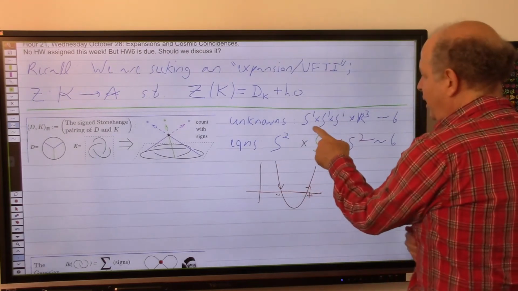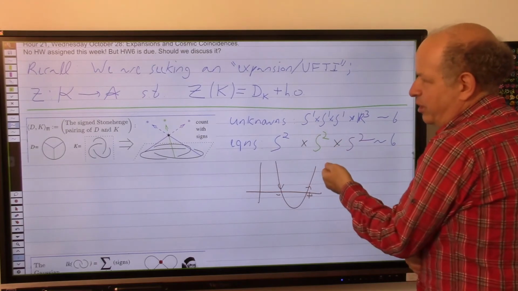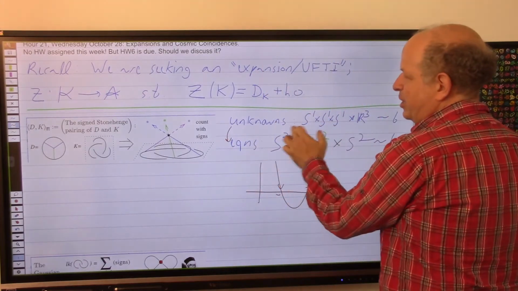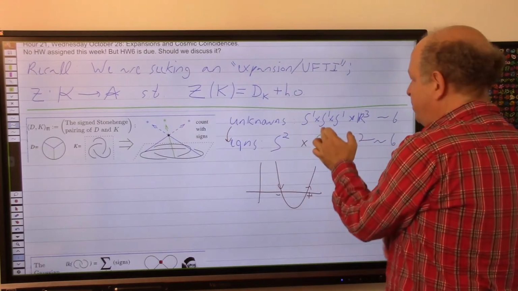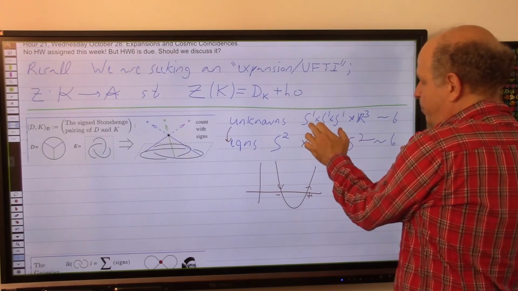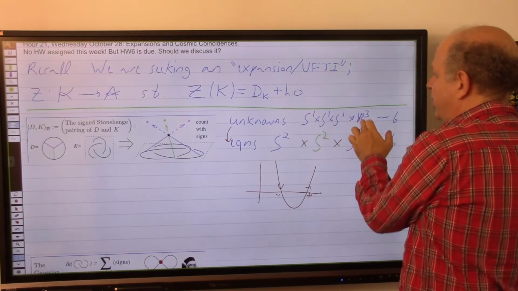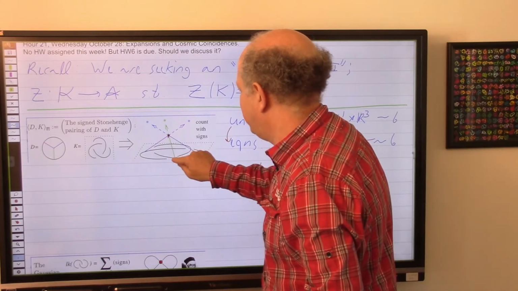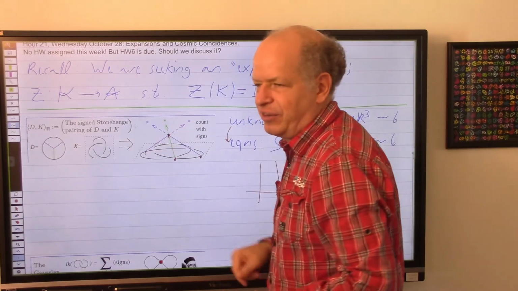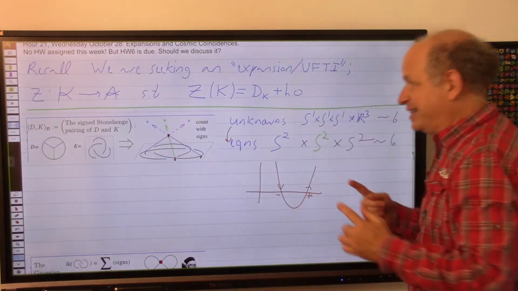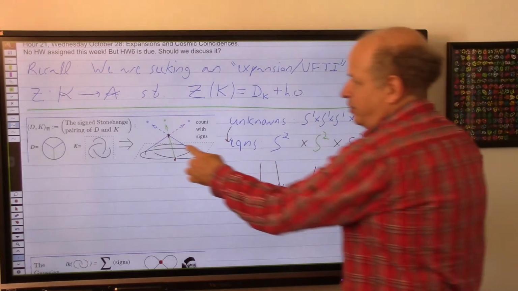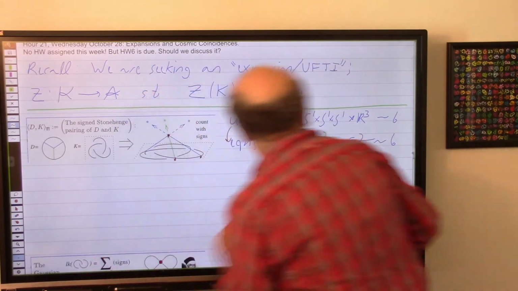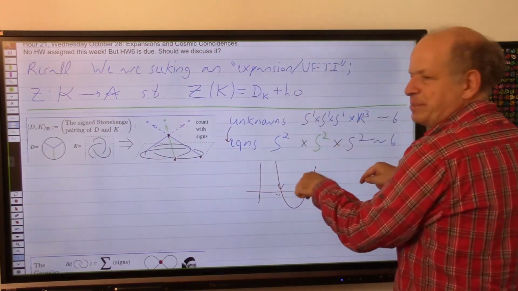Namely, really what we have here is a map going from the space of unknowns to the space of equations. The map is, if you have a point in S1 cross S1 cross S1 cross R3, so if you have a specific point where you've specified all 4 points that I've now indicated, then that specifies the 3 directions. So you get a map from this space to that space.